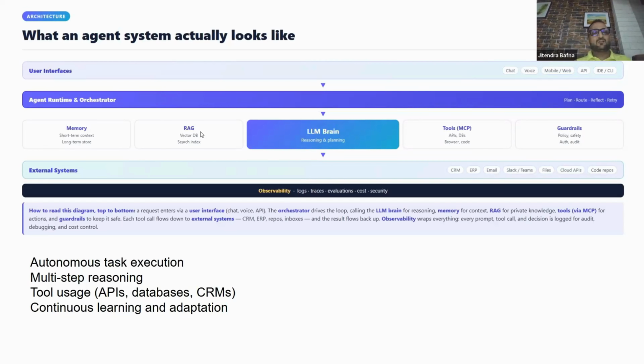Now we have RAG. Have you heard about RAG, retrieval augmented generation? As you know, we get a lot of information from the large language model, but you may have confidential or sensitive information that you don't want to train your large language model with.